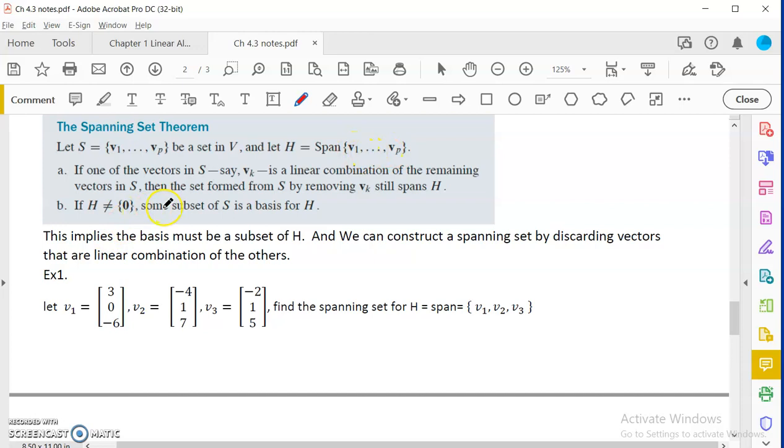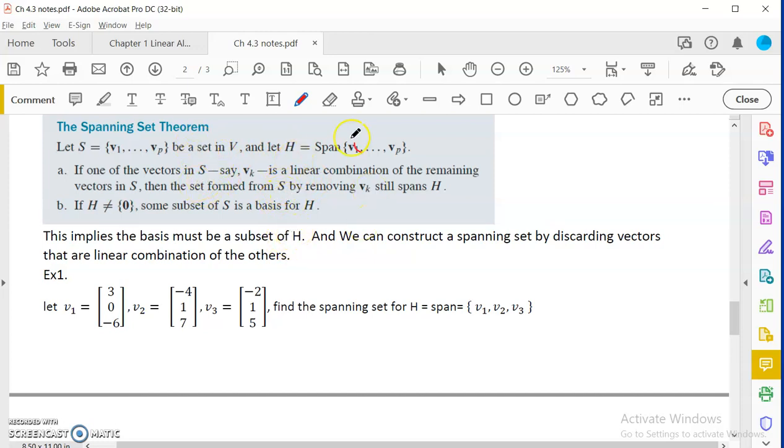First of all, if H is not 0, then a subset of S is a basis for H. So you pick some, and you can remove those that are a linear combination of the remaining ones. Then the remaining set would be a basis.